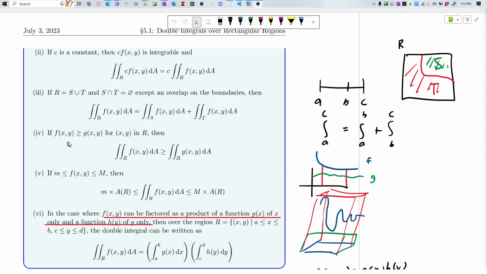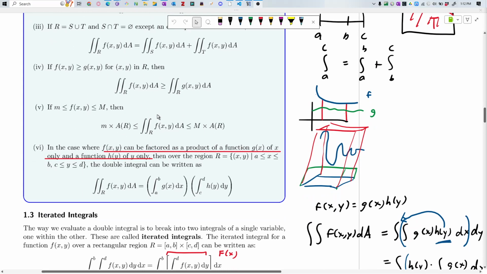So if the function f is always above the function g, then of course the volume below the function f will always be greater than the volume below the function g. I tried to illustrate this, but this 3-dimensional picture is a bit unclear, I think. But hopefully you can visualize in your mind that, yeah, if f is always above g, then the volume is always going to be greater as well.